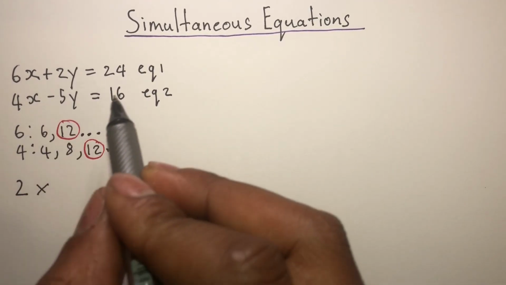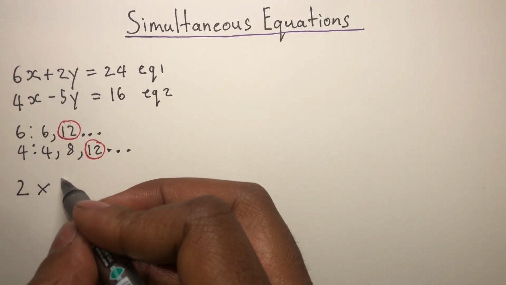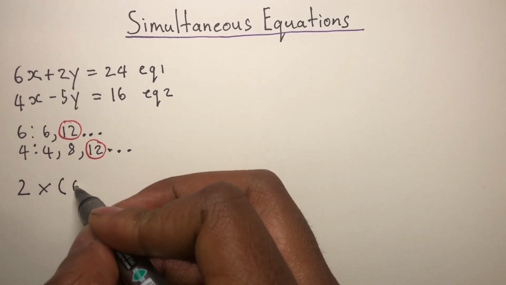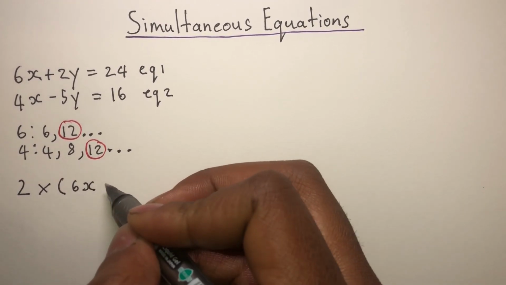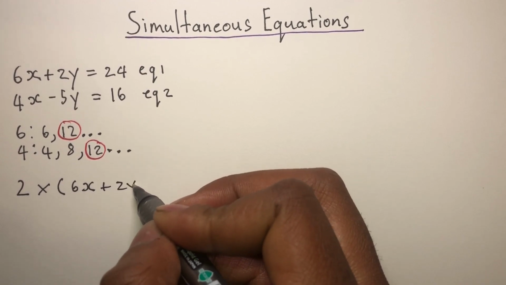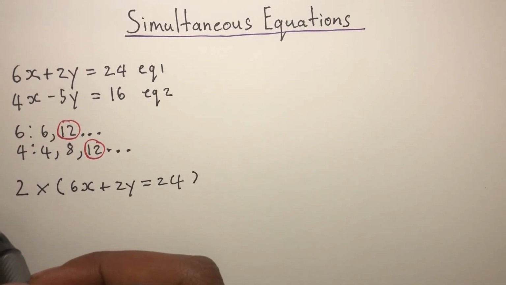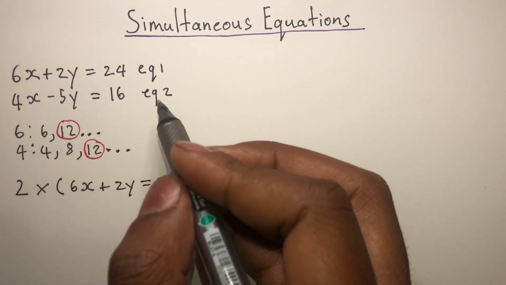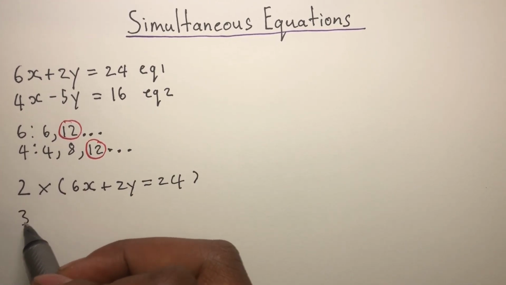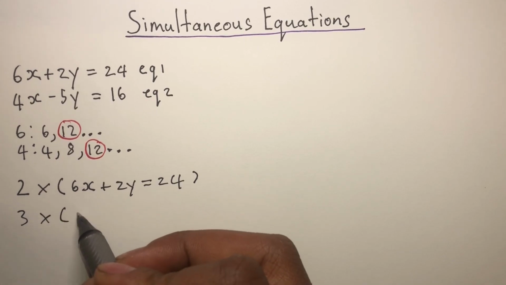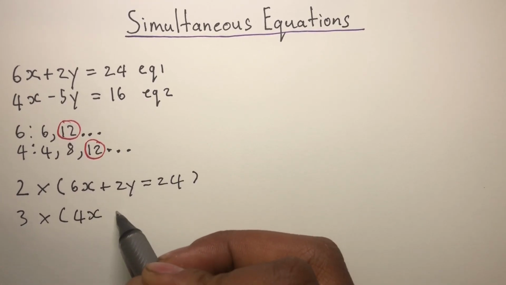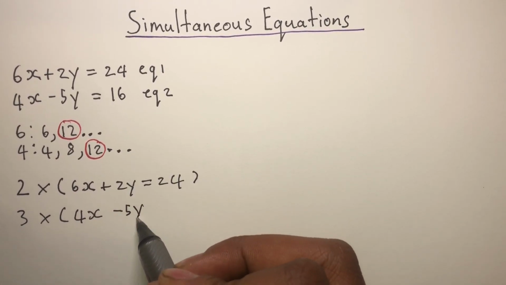If we multiply equation 1 by 2, we will have 6x being equal to 12x. And if we multiply equation 2 by 3, we will get 4x to be equal to 12x.